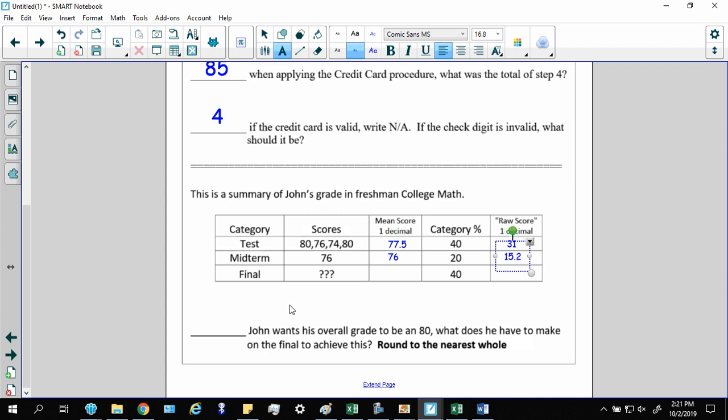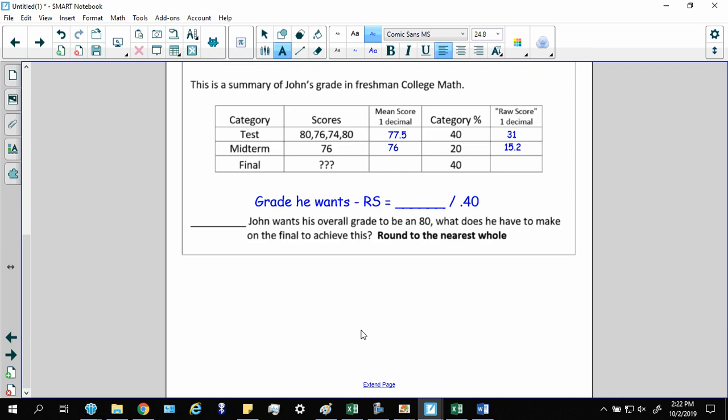All right, now remember the relationship, and that is the grade he wants minus the raw score gives you a number, and then you're going to divide that number by the final exam percentage, which is, in this case, 0.40. All right, so the work I'll just do down here.